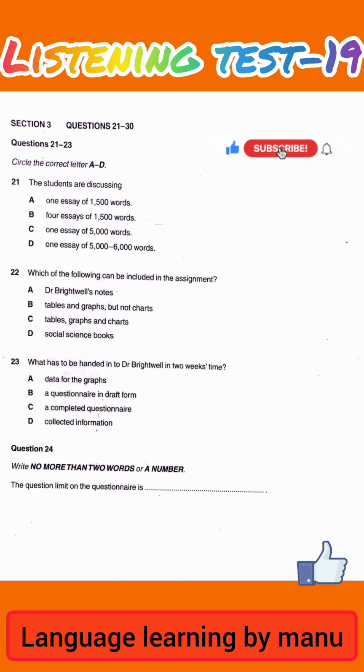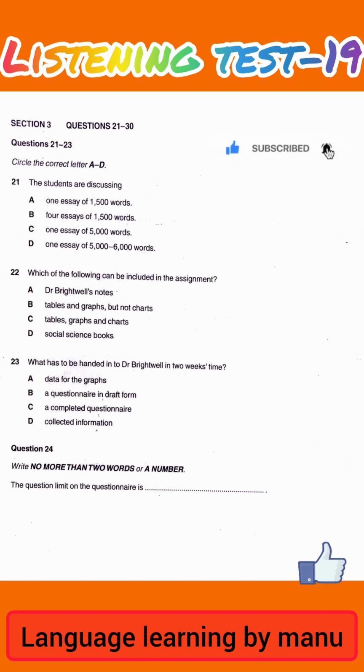It says here in the assignment notes Dr. Brightwell gave us that we're to write between 5,000 and 6,000 words on some aspect of students' attitudes, backed up by our own research, which we present in the form of tables, graphs, charts or whatever, and supported by reference to the list of books she gave us. Oh, I didn't realise there had been so many social science books written about students. Oh, yeah, there are a lot.